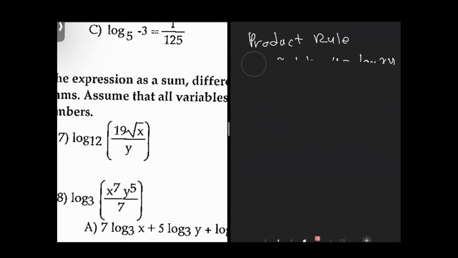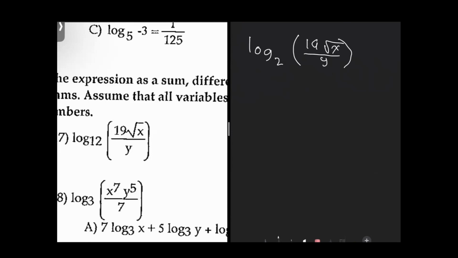So let's look at the problem that we currently have, and they want us to expand it. We have log base 2 of 19 square root of x over y. The thing is, we have division. So with division, what kind of rule do you have to use?